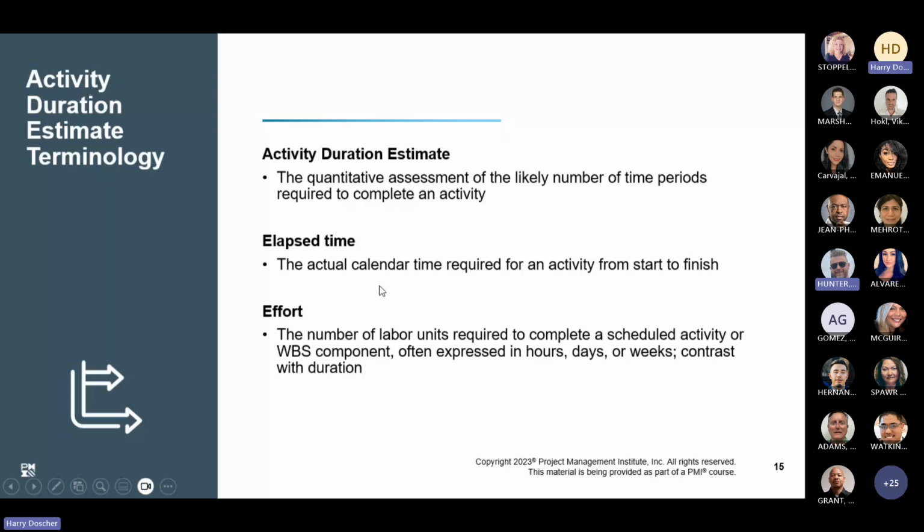Now, the elapsed time can be the same as the activity duration estimate if you're working 7 days a week. Otherwise, the elapsed time is the actual calendar time required for an activity from start to finish.